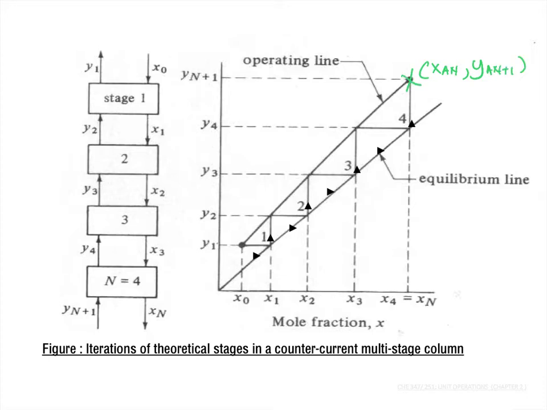The other coordinate that you get for the operating line is from XA0 and YA1. So these will be the two coordinates. When you draw a straight line to connect both points, you get the operating line.